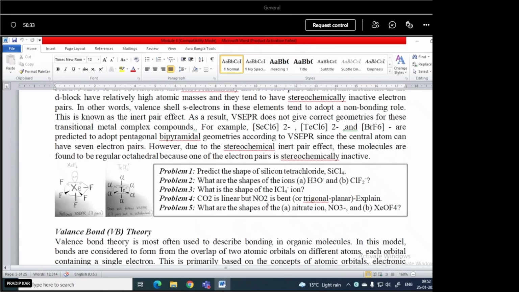CO2 is linear, but NO2 is bent. Explain. What are the shapes of NO3 minus and XeOF4? Okay, using VSEPR theory, you can try to solve those problems.